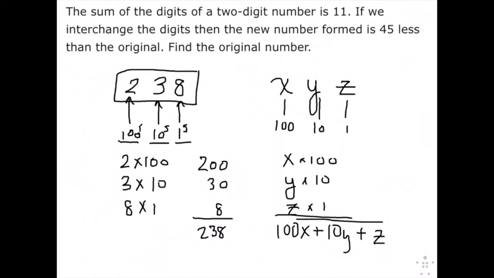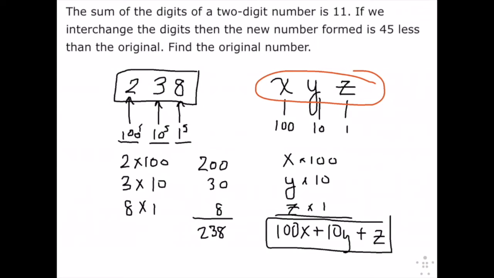So when I'm talking about a 3-digit number like this, that I don't know the digits for, when I say the 3-digit number, mathematically I don't mean x times y times z. I mean 100x plus 10y plus z. I mean the value of the number, the value.